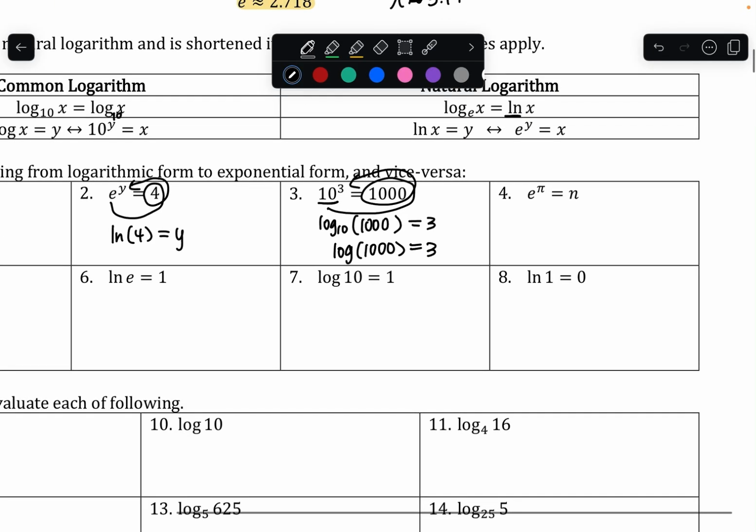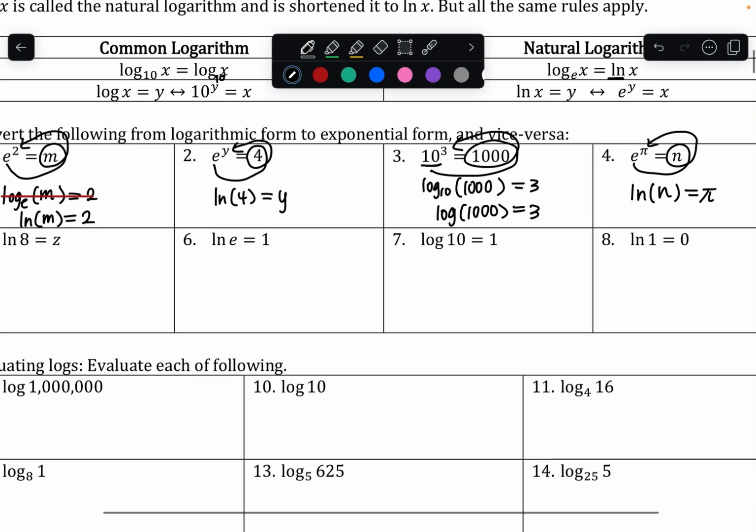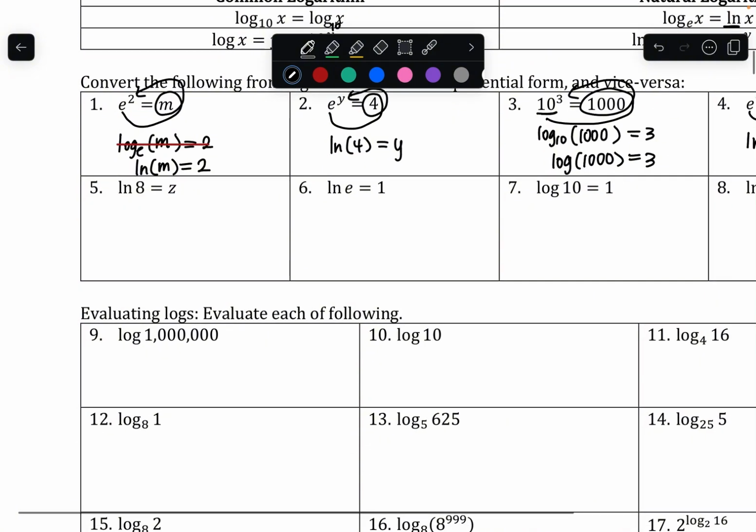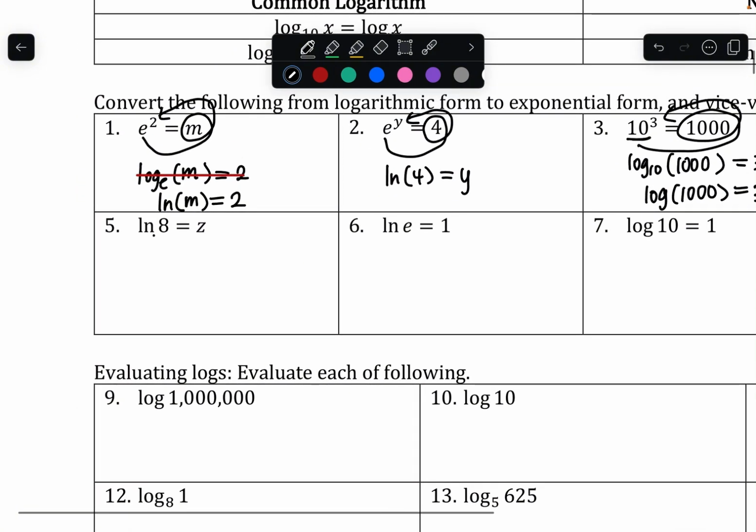Okay, here we're back to e to the n. So log base e of n equals pi. So log base e is ln of n equals pi. Okay, going the opposite direction, here we have natural log. So if you want to fill in the e to the z power equals 8.